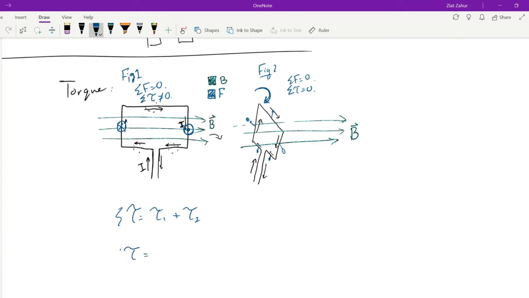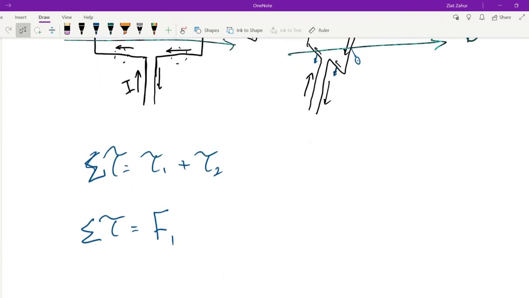Tau is, it's supposed to be a sigma. Tau 1 is the force times, times what? Well, how do we get torque? F cross R, or whatever R is, the radial arm. It's blurry. It should stabilize soon. I think there's a dip in bit rate.